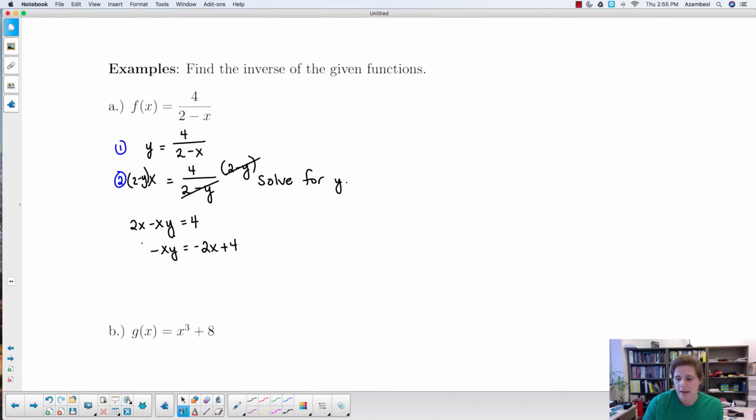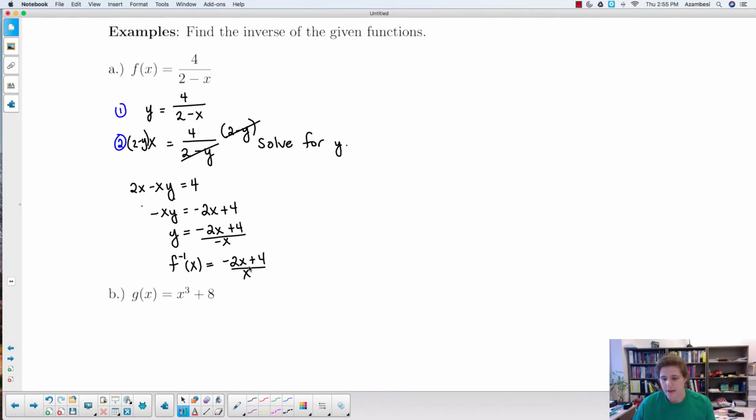And then dividing by negative x, y is equal to negative 2x plus 4 all over negative x. So this is our inverse function, so f inverse of x is equal to negative 2x plus 4 over x.